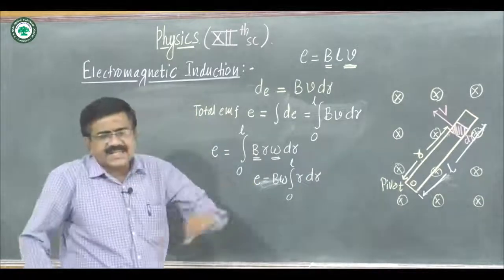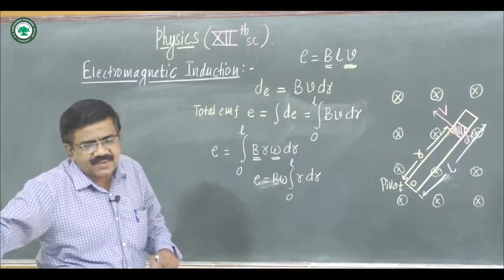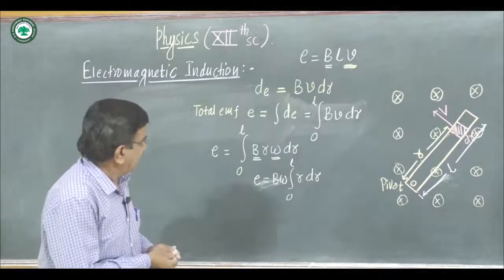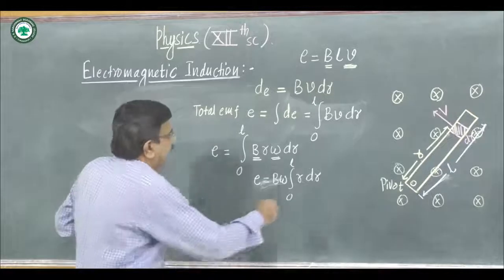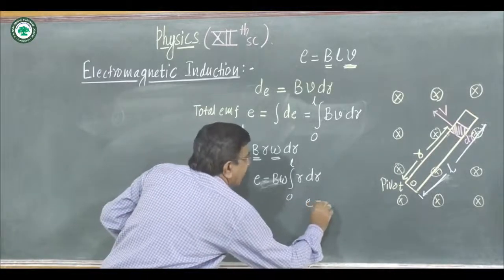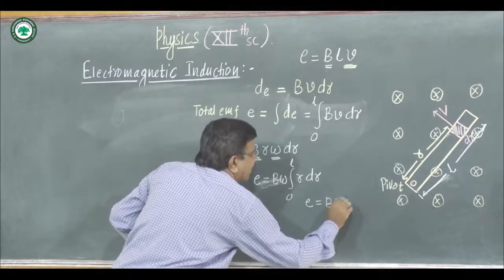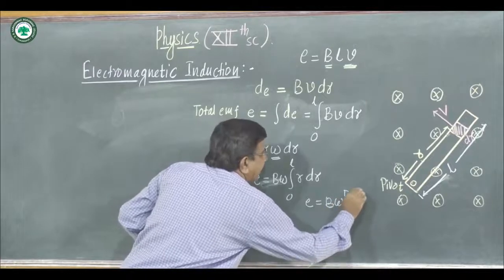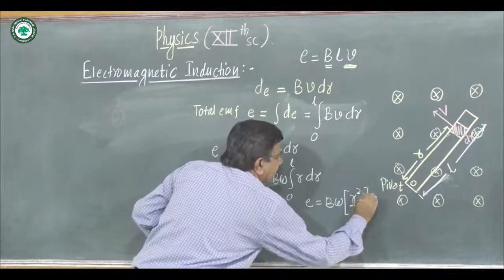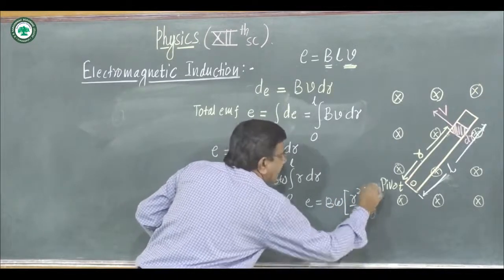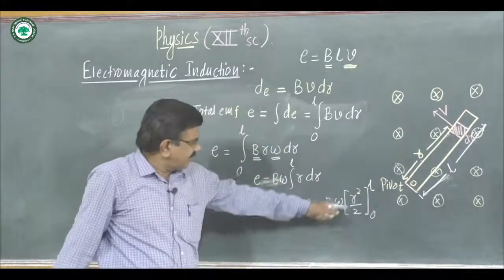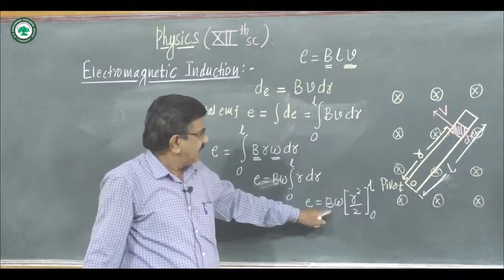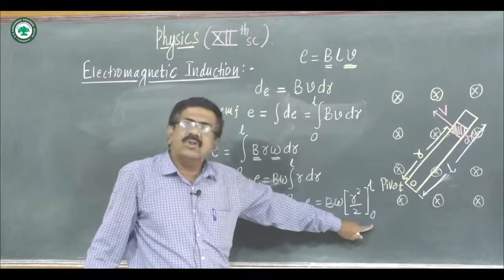But we know integration of r dr is r square by 2, hence E is equal to B omega r square by 2 from 0 to L. Firstly we substitute the upper limit and then minus the lower limit.